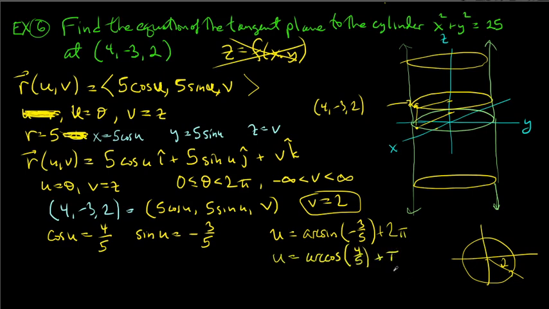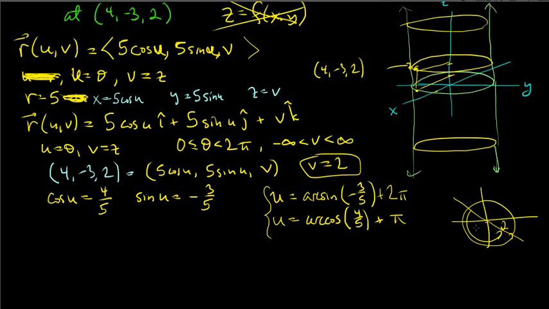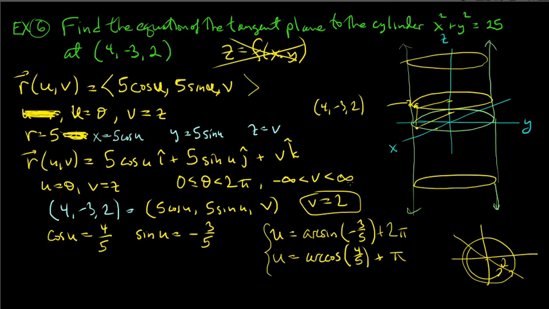Oh, minus pi, not plus pi. Oh, no, it is plus pi, right? It is plus pi. Because our cosine will be between pi over 2 and pi. We want to be between 3 pi over 2 and 2 pi. Okay, so it wasn't minus pi, it was plus pi. Sorry about that. Right, so either one of these will work. So that gives you the angle here, right?